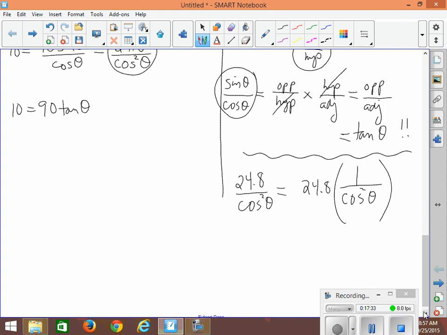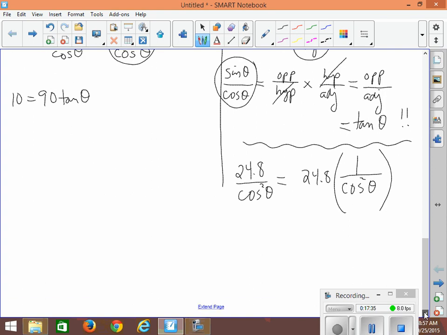And you hopefully will remember that there are reciprocals of all of the trigonometric functions. So what is the reciprocal of cos theta? 1 over cos theta is called what? Anybody remember?